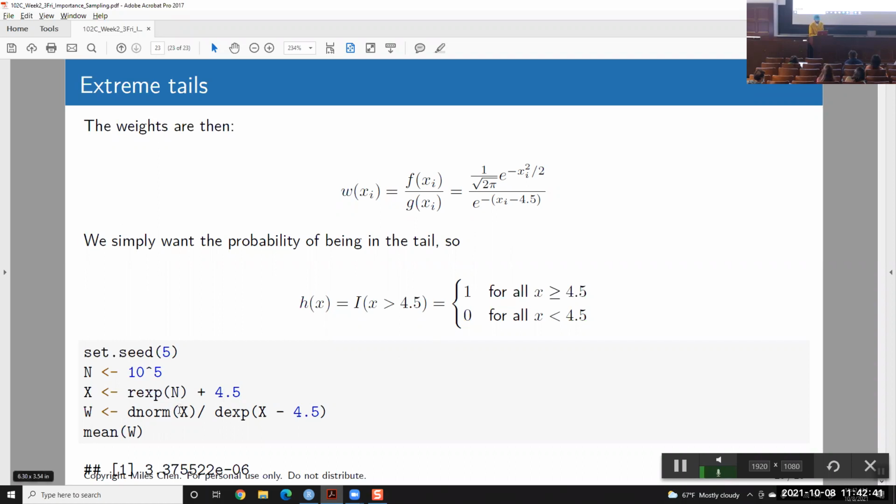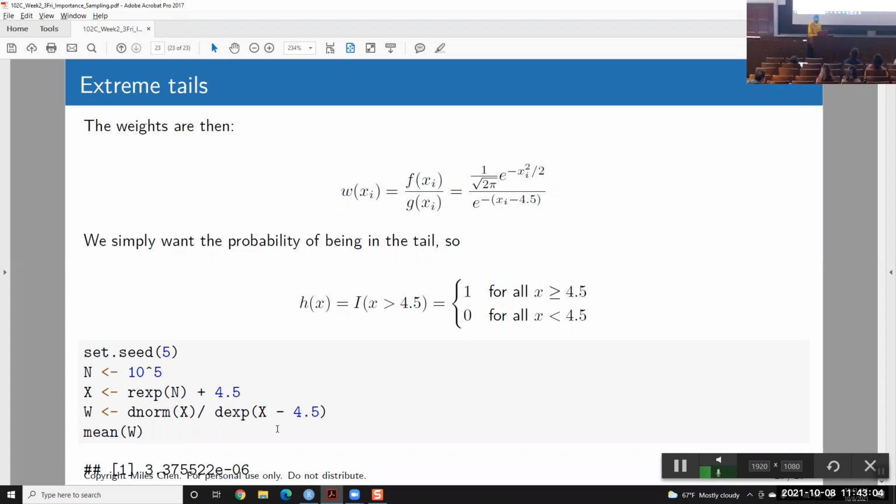I plug in, what is the PDF of the normal distribution for, say, 4.8, or 4.9 or 5 or 6? And then we divide that by the PDF of the exponential distribution that was shifted over 4.5. So we're going to do f divided by g.